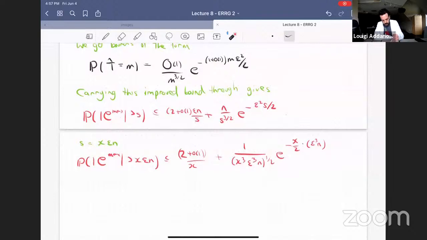Right, so we had an epsilon squared and we pick up another factor epsilon, and so you see again you need epsilon x to be bigger than n to the minus a third to get a non-trivial bound out of this. So you don't do any better than an n to the 2/3 term here. So you need this to be at least n to the minus a third to get a non-trivial bound.